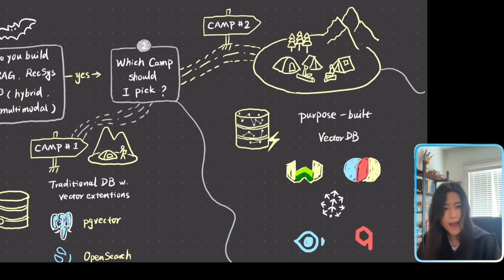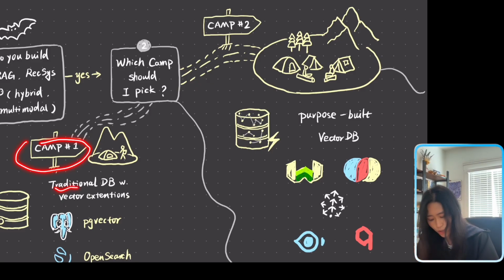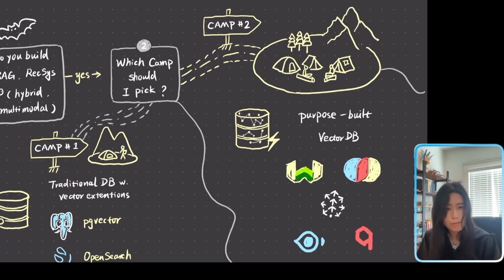Because there are actually two camps of vector databases. Camp one is traditional databases with vector extensions, and key players in this camp include pgvector, OpenSearch, MongoDB Atlas, Elasticsearch, and Redis. And camp two is purpose-built vector databases, which do vector operations from the ground up.